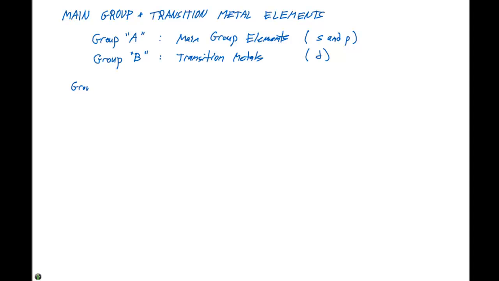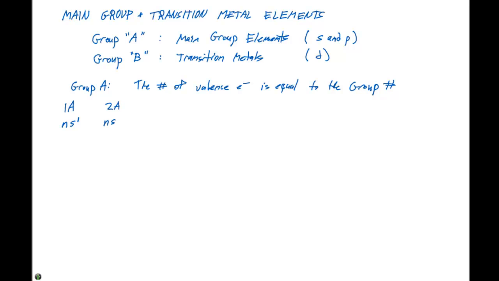So for group A, the number of valence electrons is equal to the group number. So if we look at each of these groups, we have group 1A, which has an ns1 electron configuration, group 2A, which is ns2, and in each of these cases there's 1 and 2 valence electrons respectively.